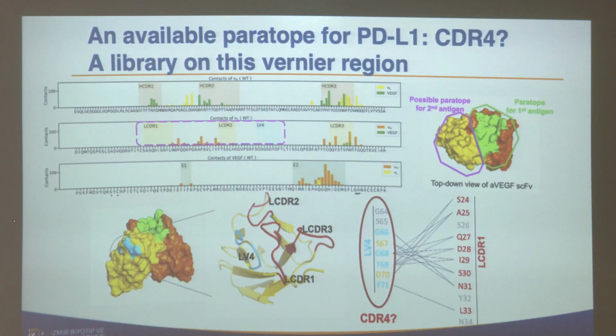We call it framework 2, by the way, but I call it Vernier zone 4 because of the lots of Vernier zone residues here, and it can be engineered to make it like a CDR. Maybe in evolution it didn't become hypervariable, but we can do it because we can engineer it.